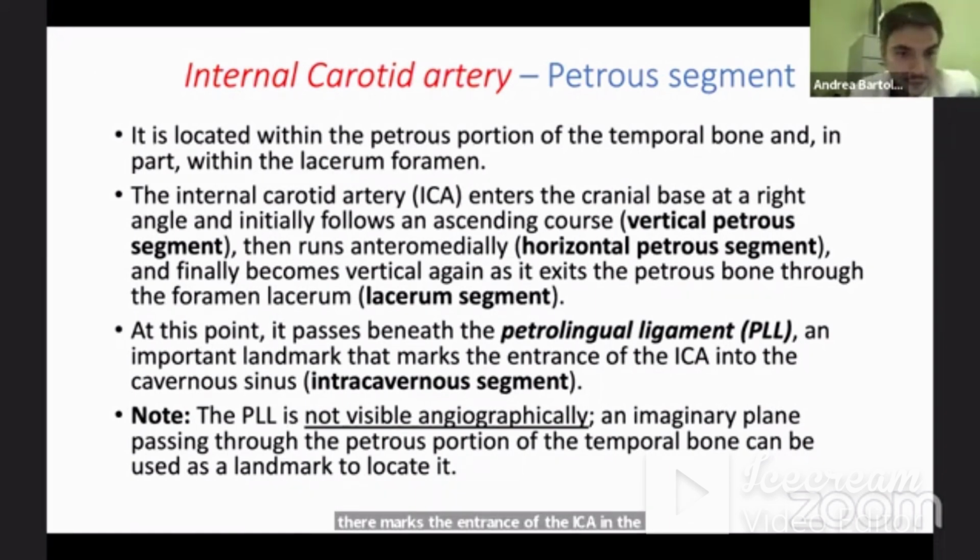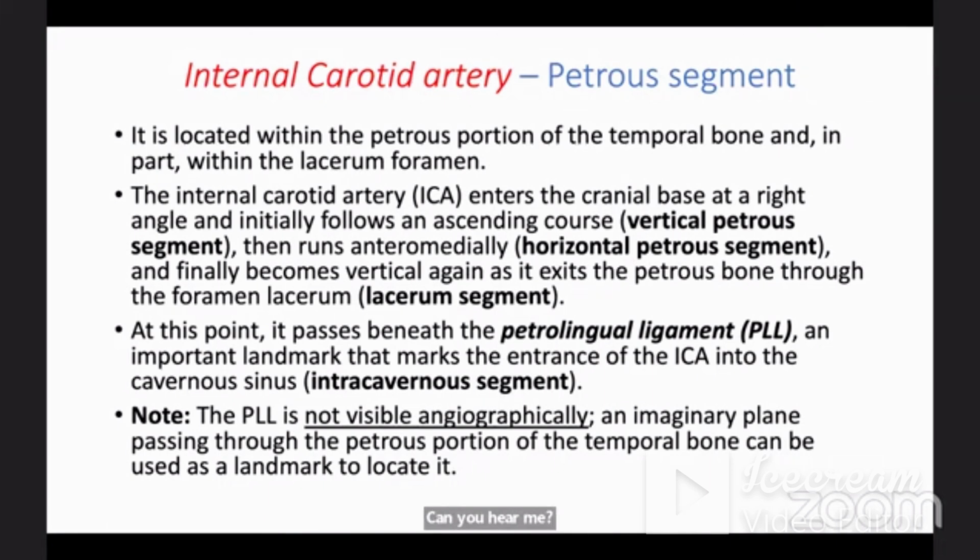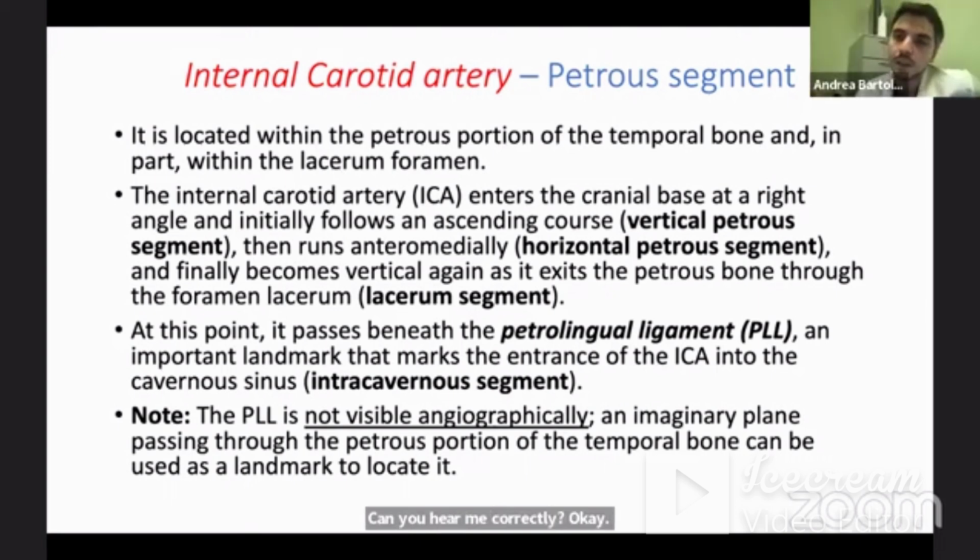Okay, the petrolingual ligament is not visible angiographically, but we can imagine it with an imaginary plane passing tangentially on the Petrous portion of the top of the temporal bone, and we can use a landmark to locate it.